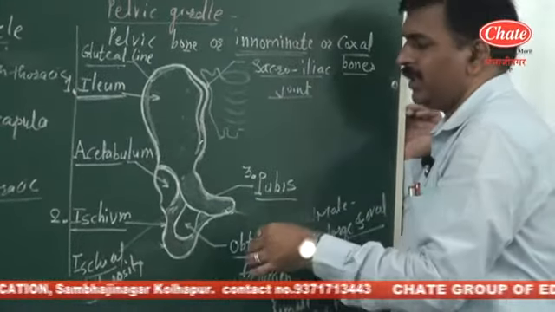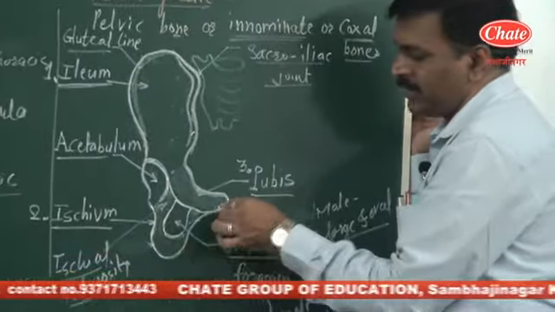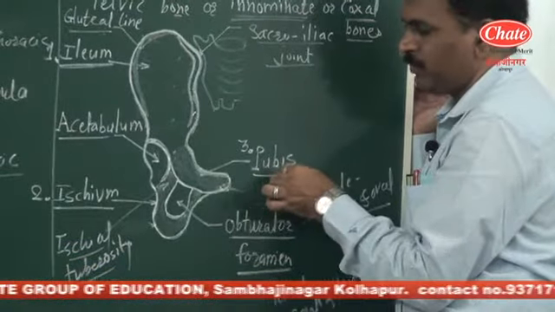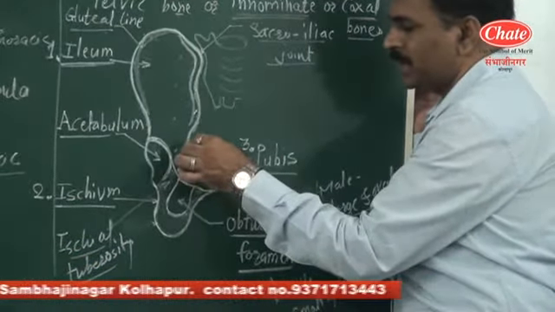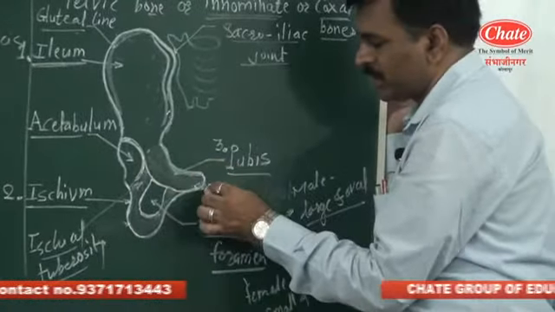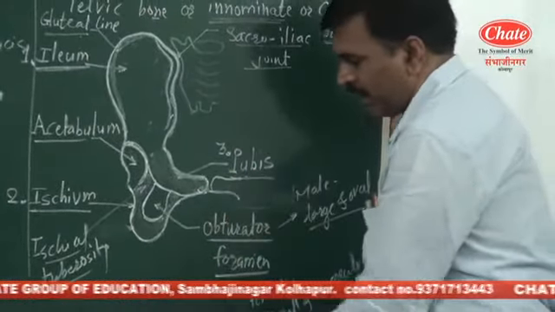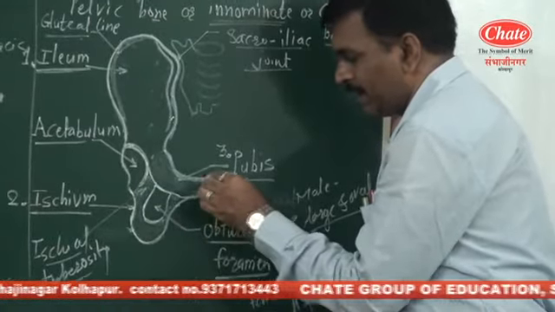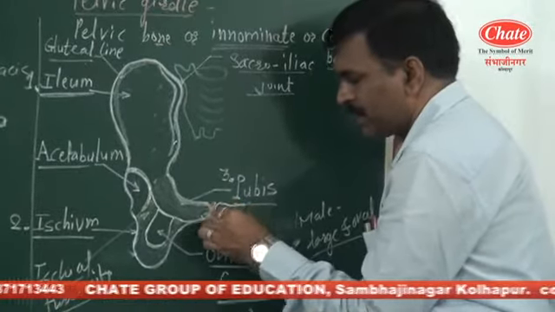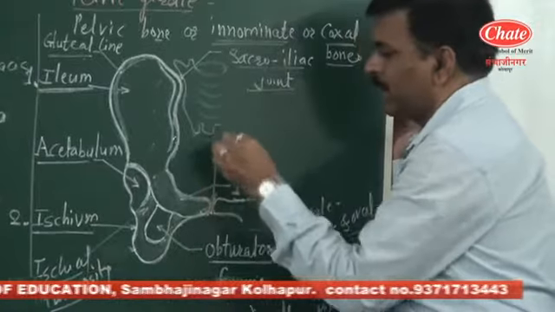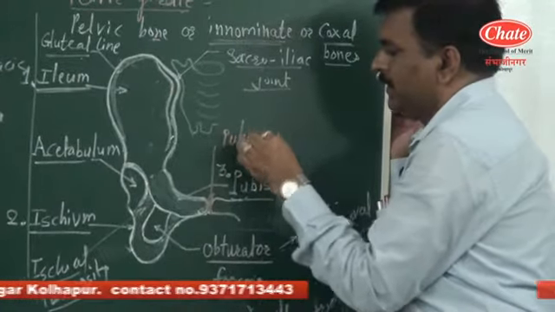Now the third part, above this ischium we can observe the pubis. This pubis is in the middle region, and this pubis communicates with the pubis of the other pelvic bone, connected by the pubic symphysis. So this is the pubic symphysis.